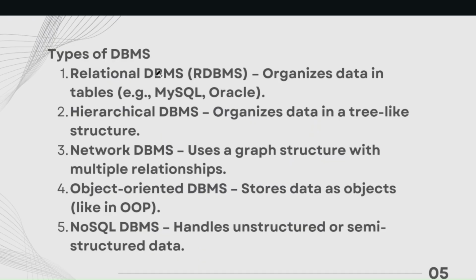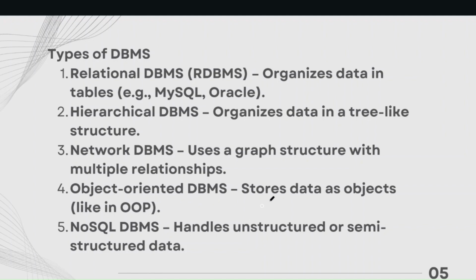There are different types because not all data fits neatly into the same model. Relational DBMS. This is the most widely used type. It organizes data in tables with rows and columns, much like a spreadsheet but with much more power behind the scenes. Examples include MySQL, Oracle, and SQL Server.